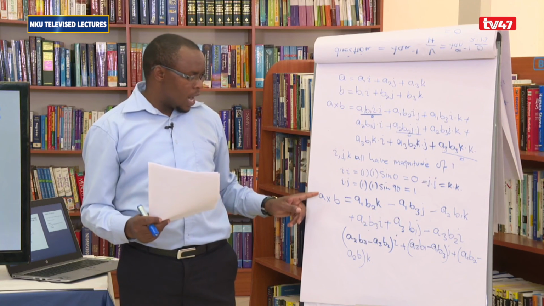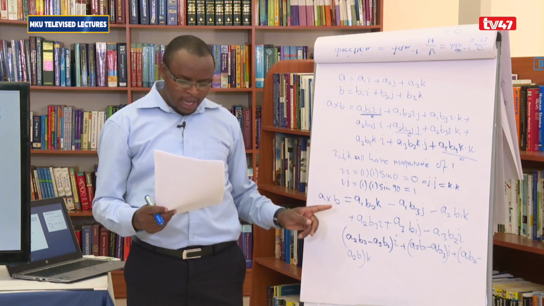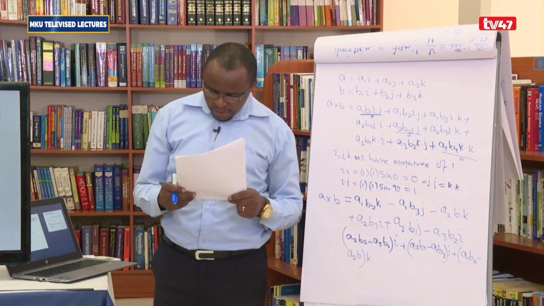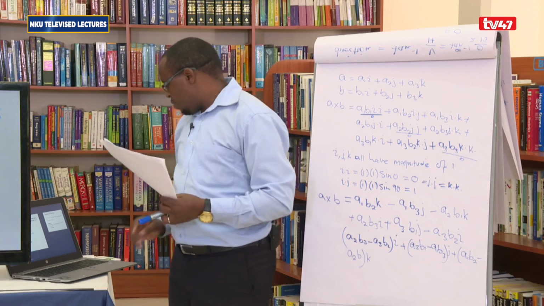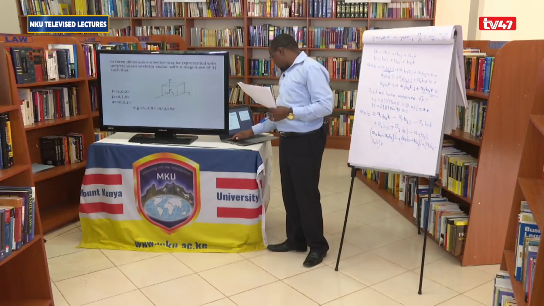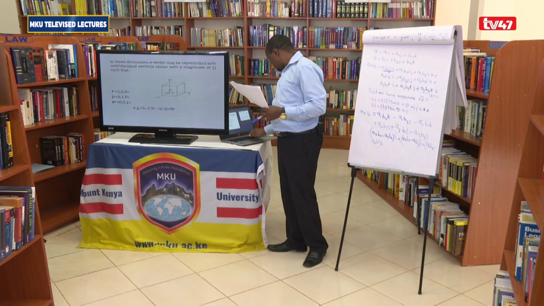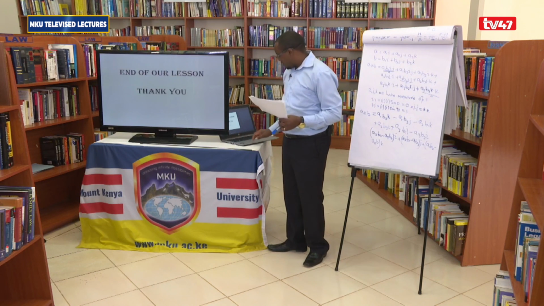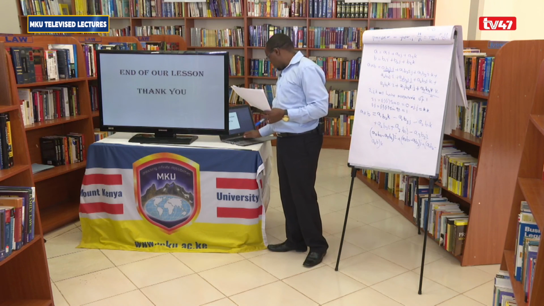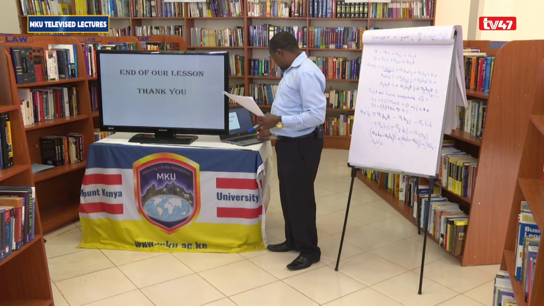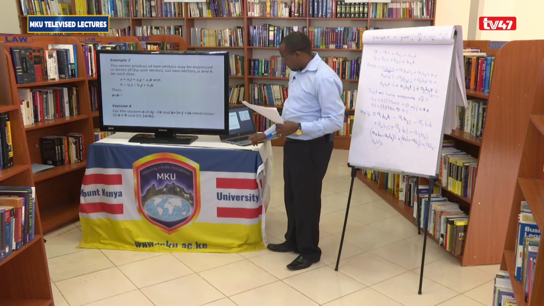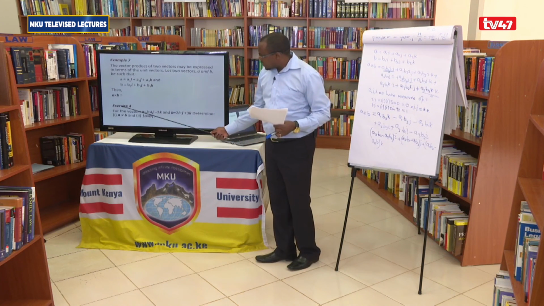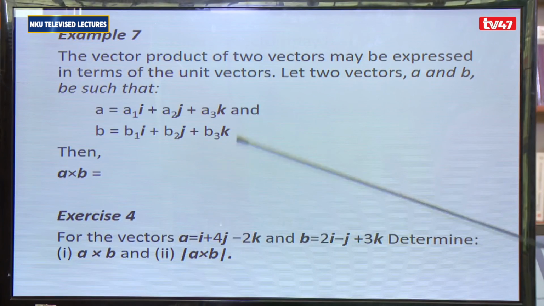For instance, what you had as A cross B, the answer which you are going to have is given by that. So if we go back to our slide, we have got an exercise here which you need to tackle.